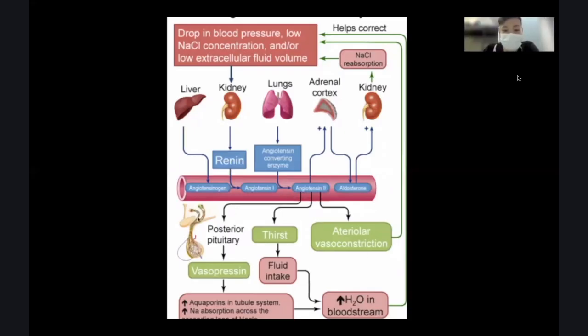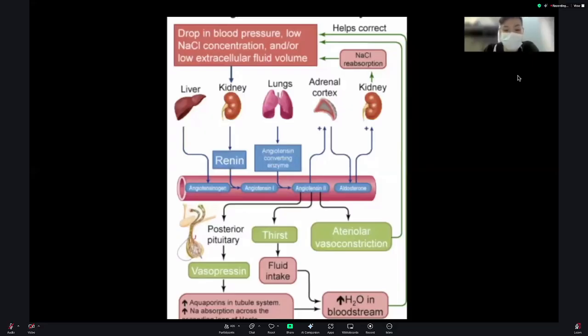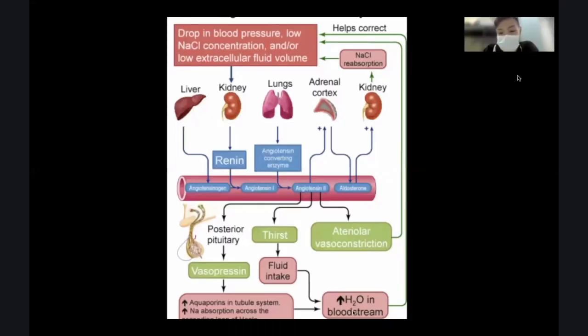Actions in the pituitary gland, specifically the posterior pituitary, will eventually increase vasopressin. The vasopressin will increase the aquaporins in the tubule system in the kidney and increase sodium absorption across the ascending loop. So as you increase sodium absorption, water will also follow. Hence, there will be increased water in the bloodstream, eventually trying to correct the drop in blood pressure and decrease in extracellular volume.